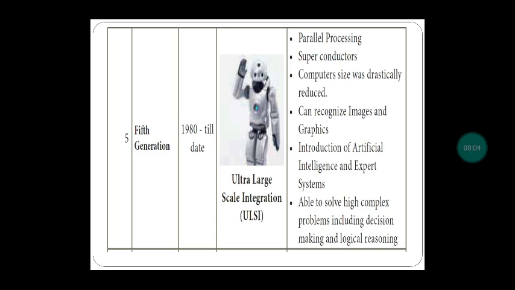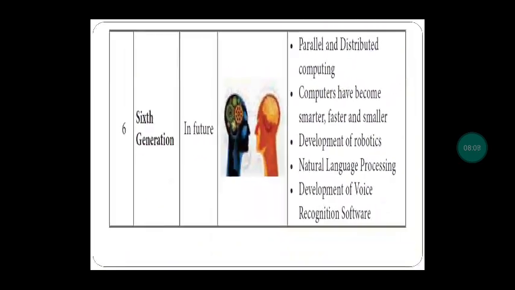Next we will go for the sixth generation. It will be applicable only in the future. Here the computers are smarter, faster and smaller, and robotics, that is humanoid robots, are used. Robotics becomes well developed, and with NLP, natural language processing, the robots start speaking, and they are trying for smelling capacity in future.